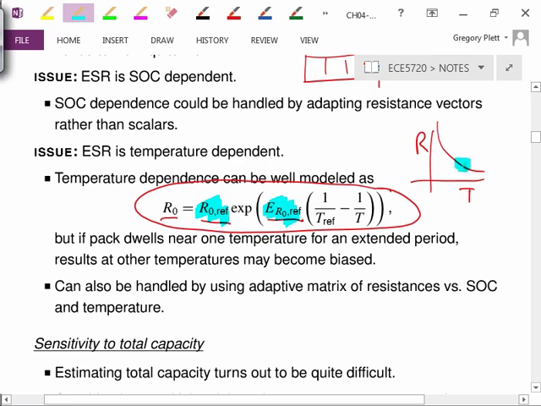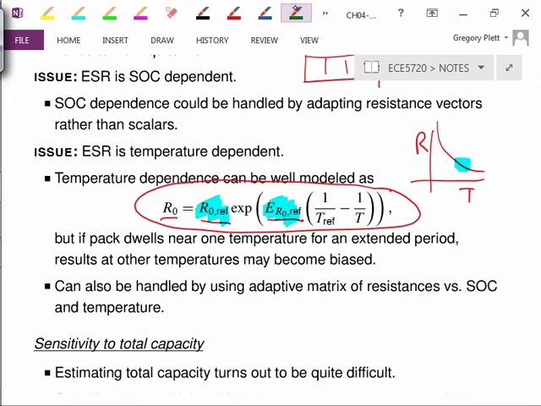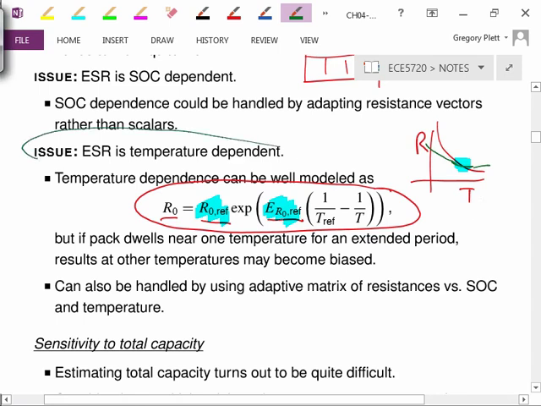But if I'm always operating in this temperature region, then small changes in measurements can maybe bias the curve in that region. In that region, the bias looks really small, but as we extrapolate to the less commonly entered regions, it can really bias the overall curve. So this is tricky. How do we estimate resistance as a function of temperature? I don't know that I've got a very good answer for you.